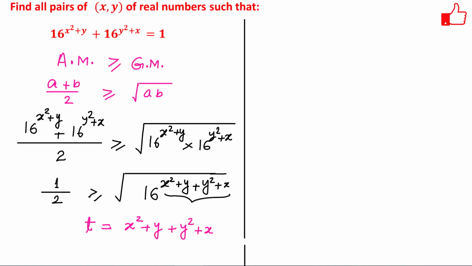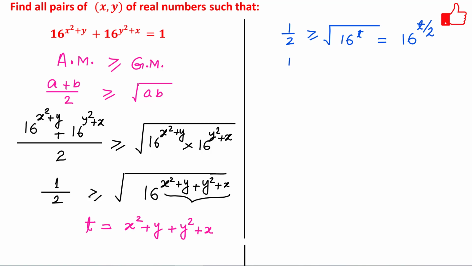So now with this new variable I can say this expression will be 1 by 2 is greater than or equal to the square root of 16 raised to the power t, or I can also write this quantity as 16 raised to the power t by 2, because a square root is power 1 by 2, and 16 raised to the power t raised to the power 1 by 2 is simply 16 raised to the power t by 2.